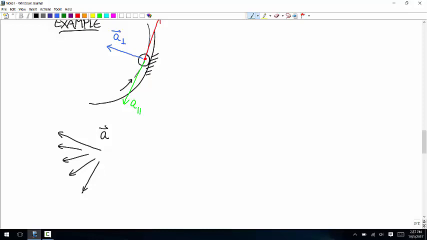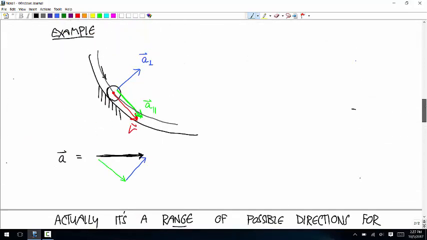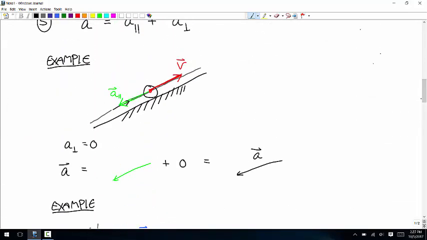Any questions about that? Why wasn't there, in this first example where it was just going up that ramp, any uncertainty in the direction of the acceleration in that one? Yeah, that's right, because it wasn't turning, there was no A perpendicular, and that means that we weren't adding two unknown things.